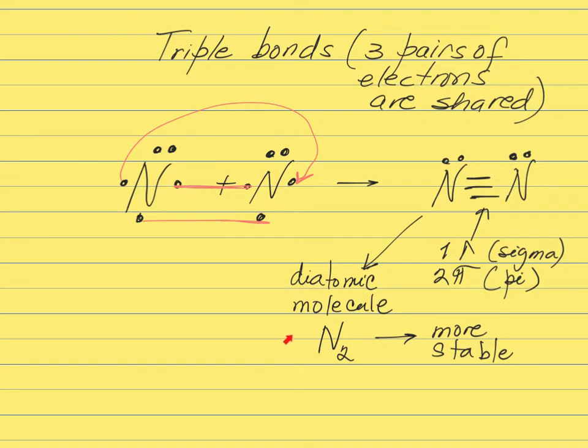They are pulling the electrons towards the center of the nucleus with the same force. So 78% of the air is made of nitrogen in this form. And that's why the nitrogen is not reacting. The nitrogen that we have in the air is not reacting with the different metals that we have here in the classroom. Okay, questions about that?